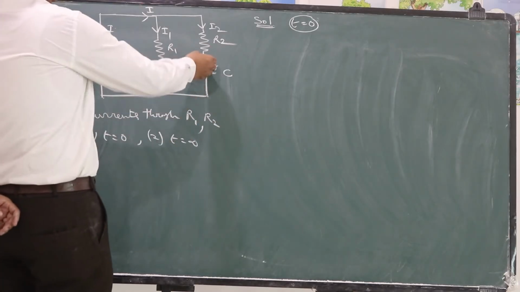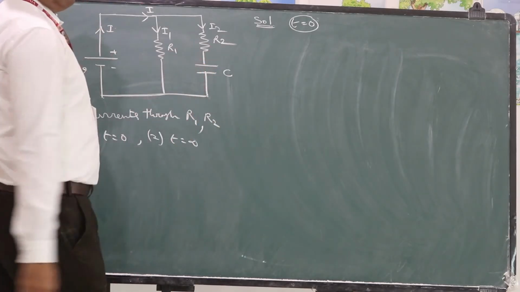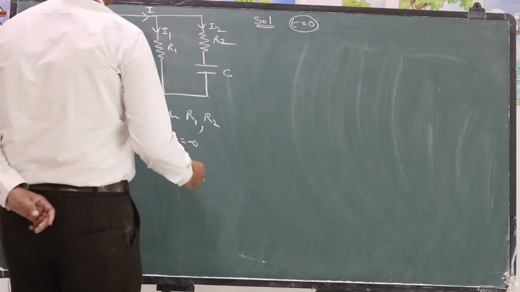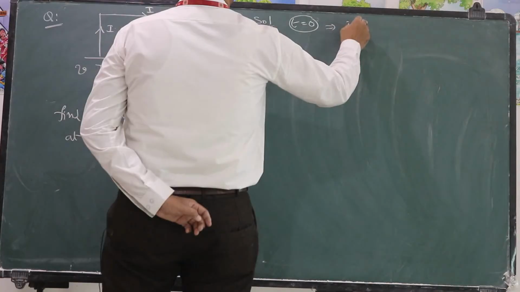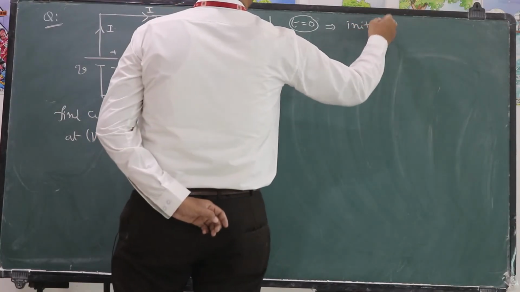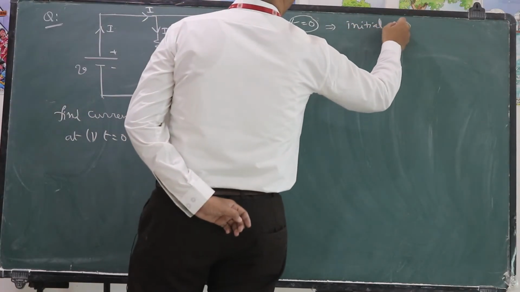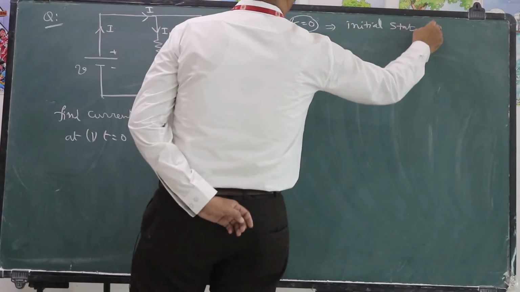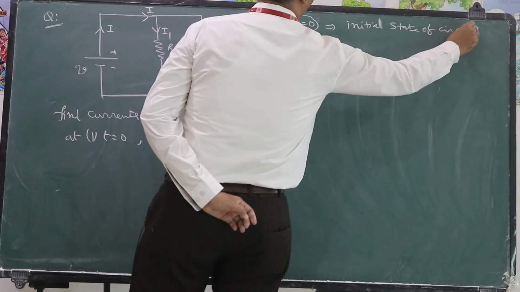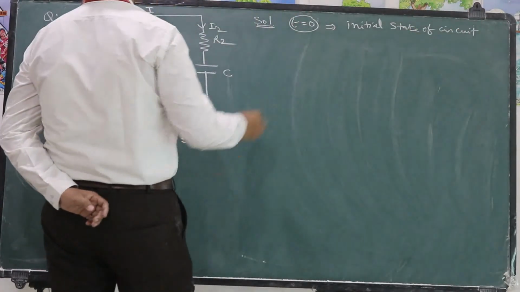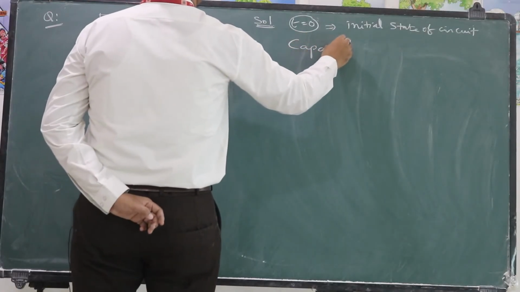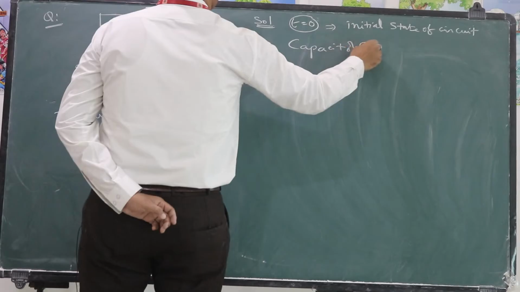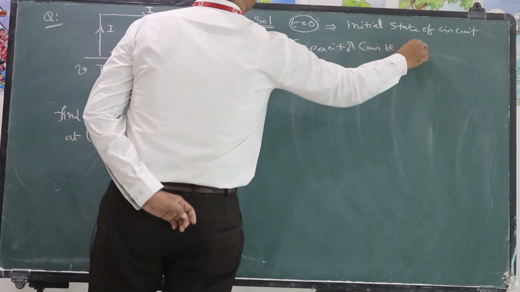The potential difference between the two plates is 0.